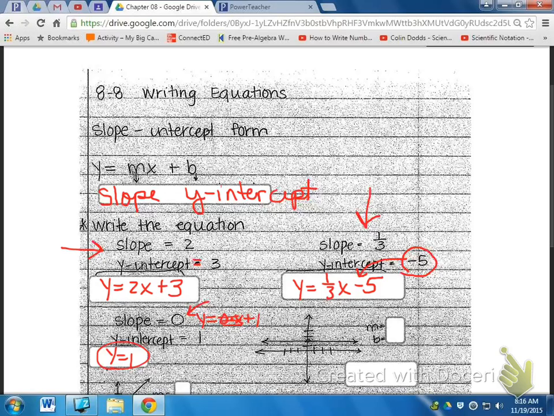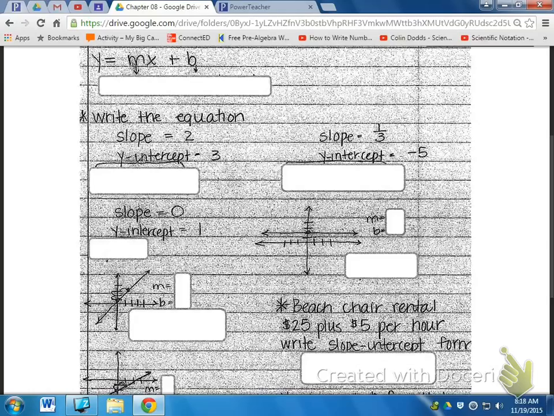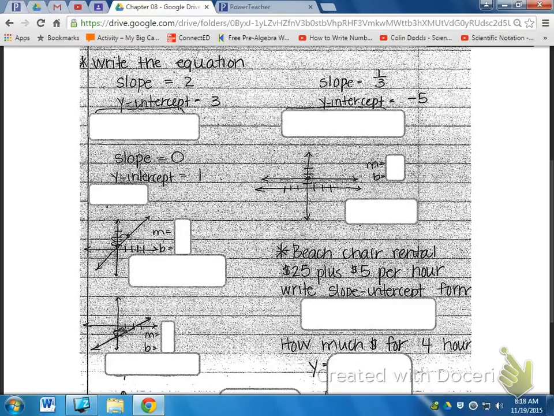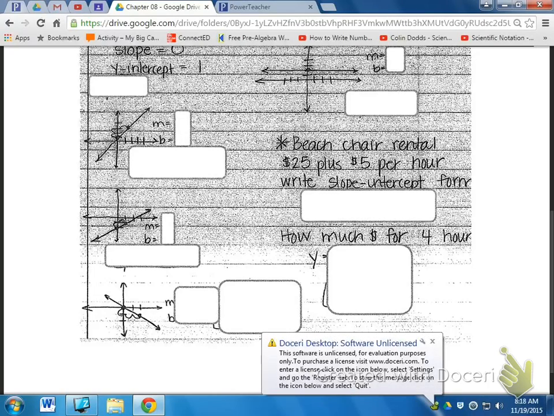All right, now what we're going to do is we're going to look at some graphs. Now this isn't as pretty as it's going to be on your homework, okay? These are hand-drawn graphs, but what you've got to do is take the information that you learned yesterday, and you're going to pull out the slope and the y-intercept and then write the equation. So let's go to this one right here.